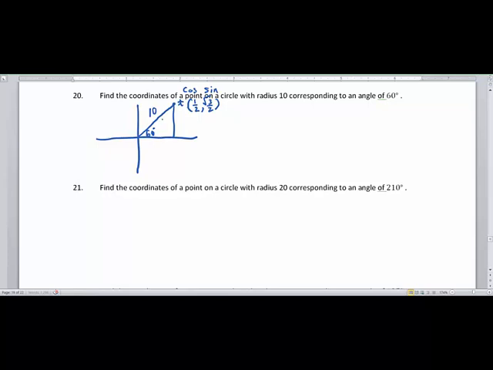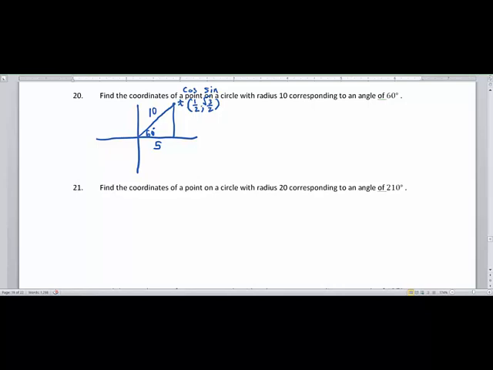But you can see that our radius is actually not 1 at all. Our radius here is 10. So what I see is that the relationship of the x value is 1/2 of 10. So we can put a 5 here. And that 5 is the key to unlocking the whole problem.